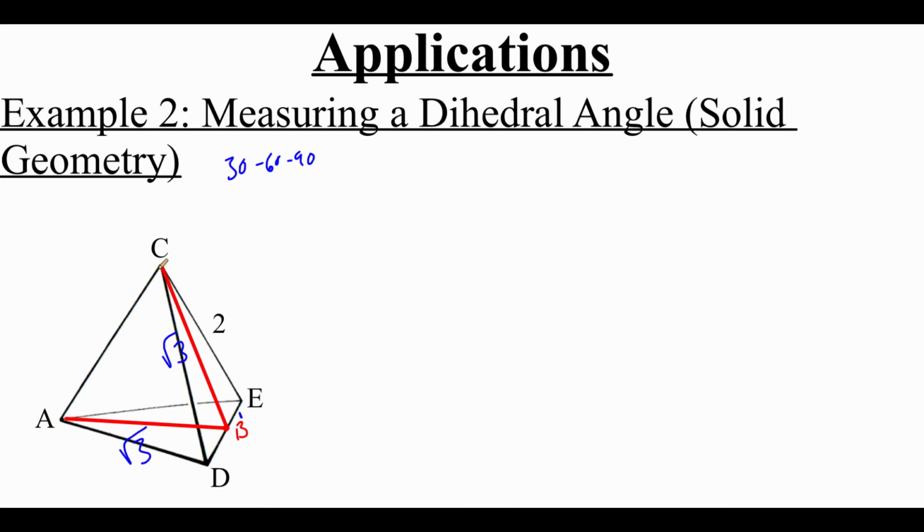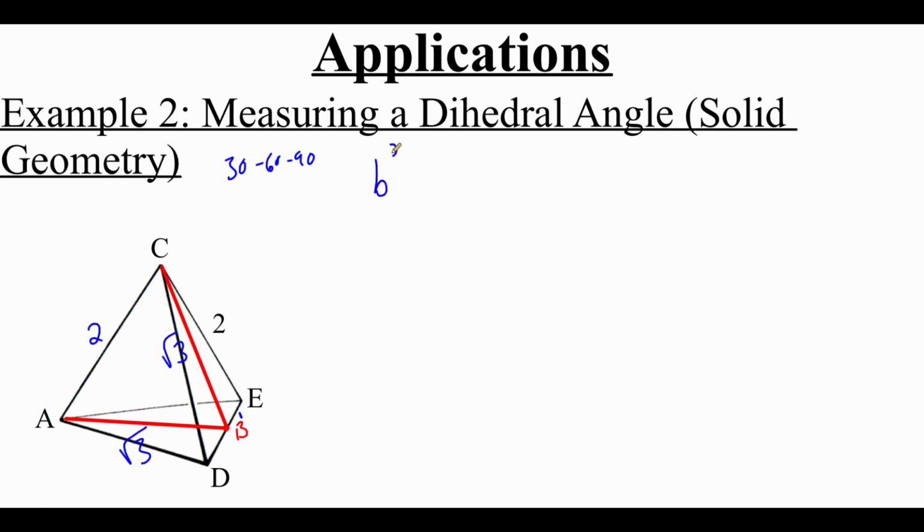Now this AC, because it's one of the edges of our tetrahedron, we said that this was a regular tetrahedron, meaning that all of these edges had a length of 2. So we're actually looking at this ABC triangle in here with this length of 2 and these lengths of square root of 3. We're trying to find the measure of angle B, so I'm going to use the form for the law of cosines that has the measure of angle B in it.